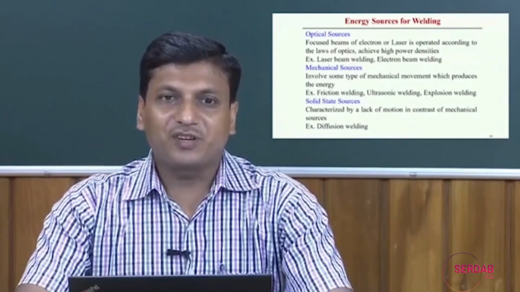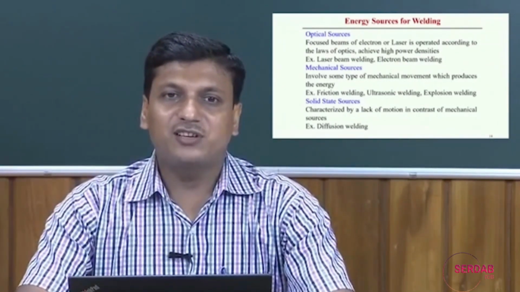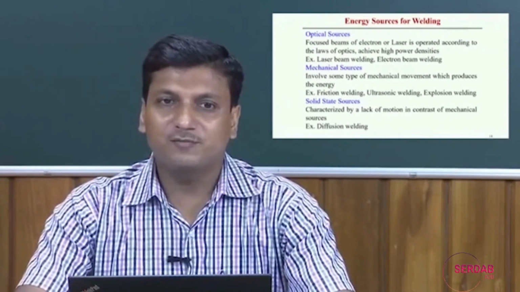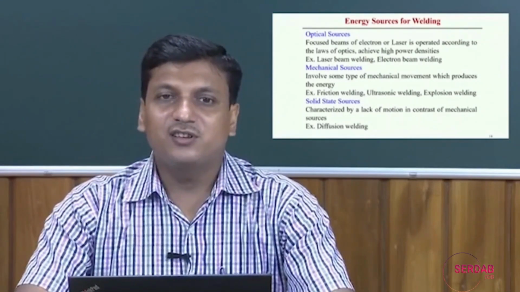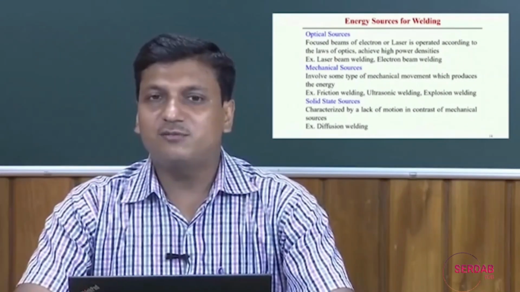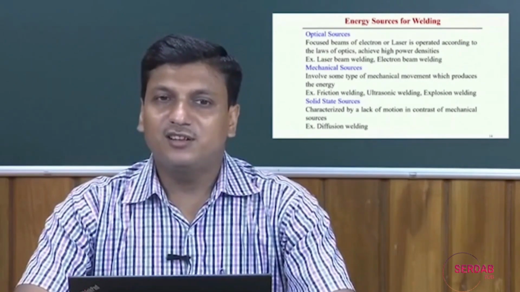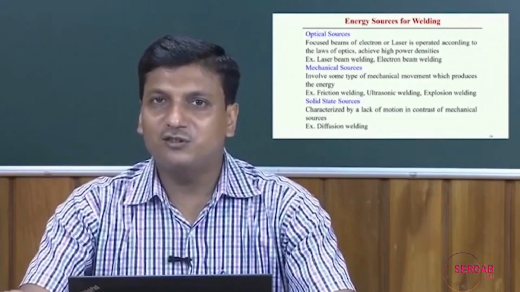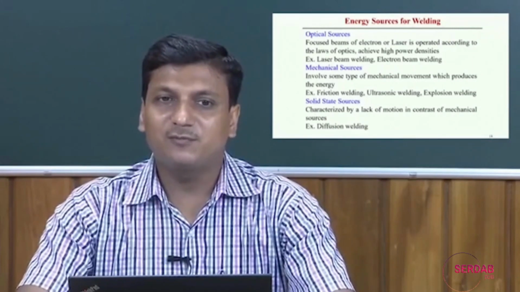In that way, a mechanical source can be used to generate heat. So that is friction welding, ultrasonic welding and explosion welding, all these welding processes where the mechanical source produces the heat.